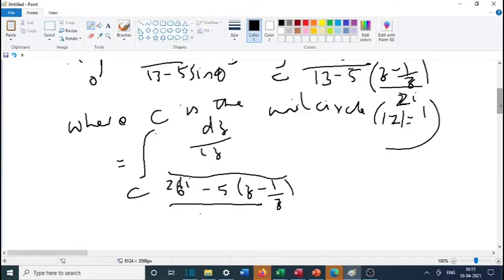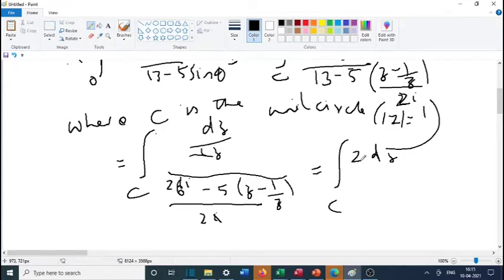We can take the LCM for the 1 by z term also. The i term cancels, and 2 can be taken to the top.